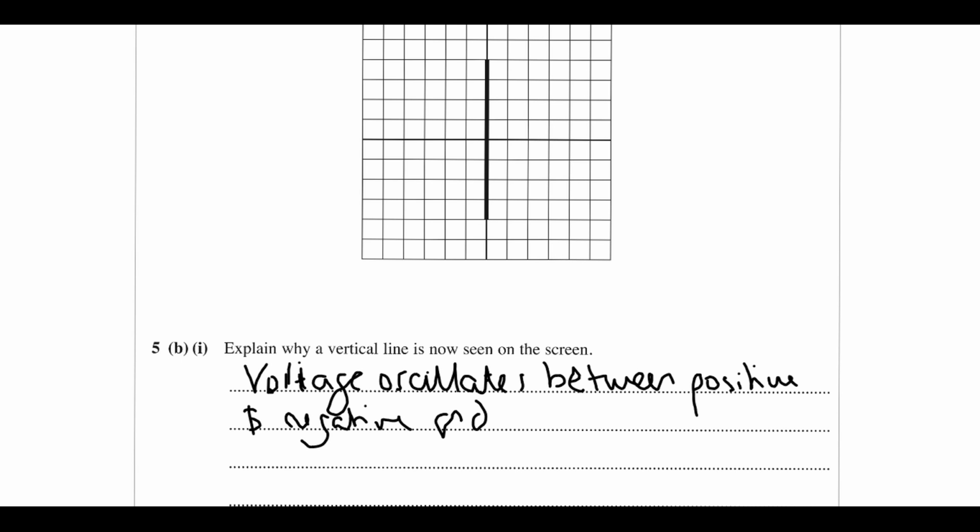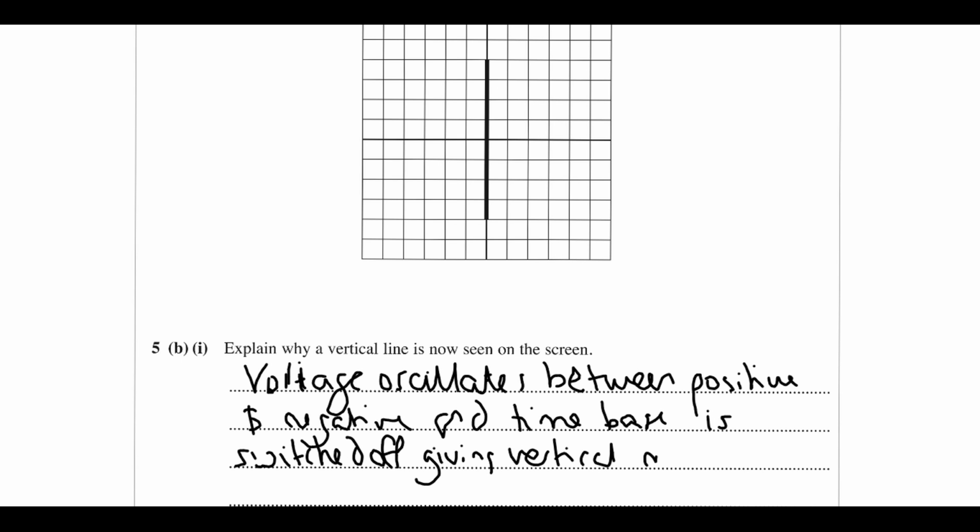And the time base is switched off, which is why it's a vertical line. Vertical motion. So if the time base is switched on, that's what means it goes across the screen. If the time base is switched off, that's what gives you a vertical line.